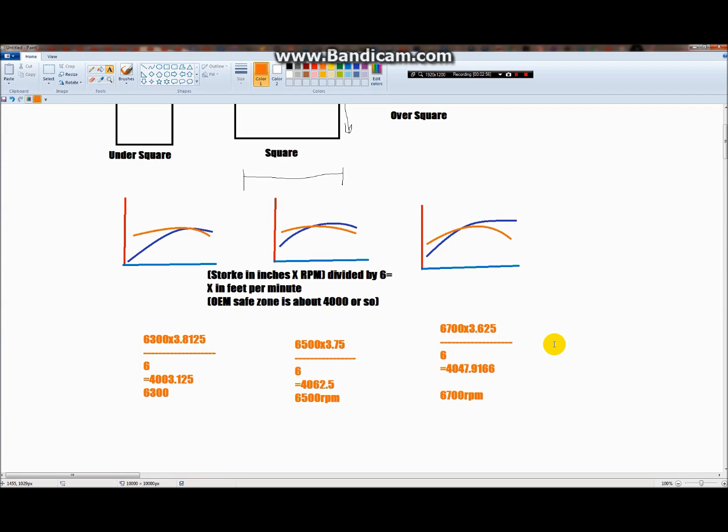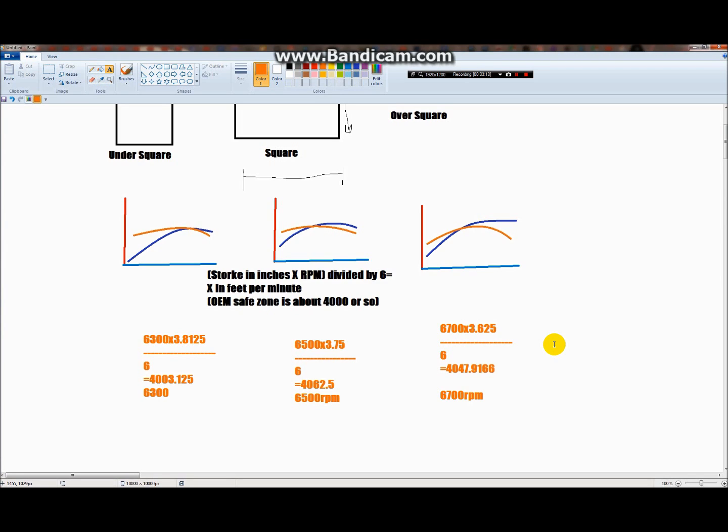Probably more like 6,600, but 6,700 is really about the limit. You might be able to get like 50 RPM more, but realistically, who the fuck can tell a 50 RPM difference on a fucking speedo gauge? Maybe 100 RPM, and definitely 1,000, but 50? No.